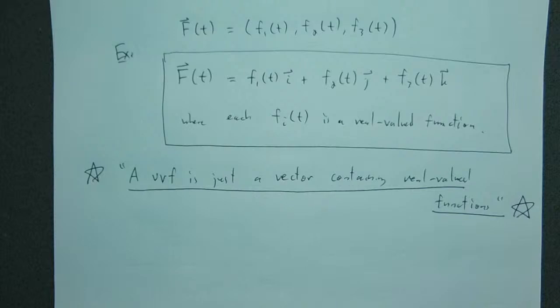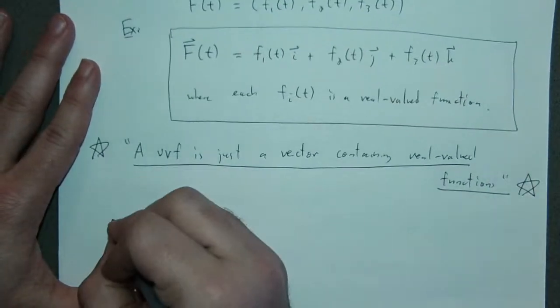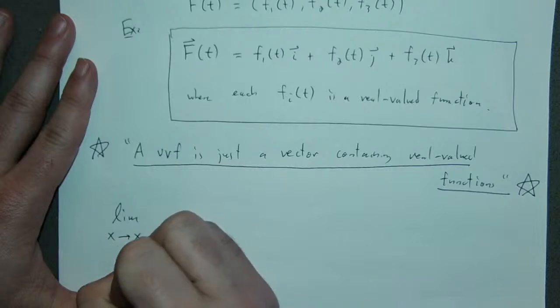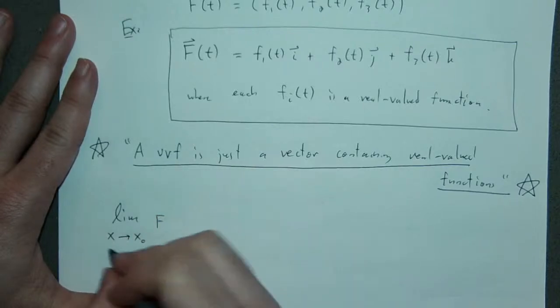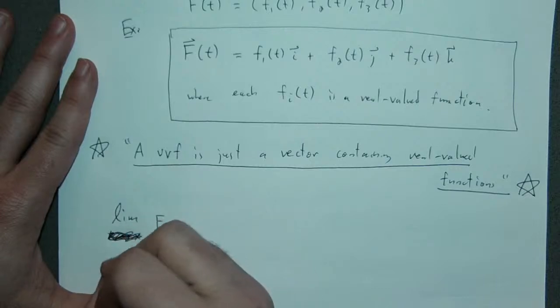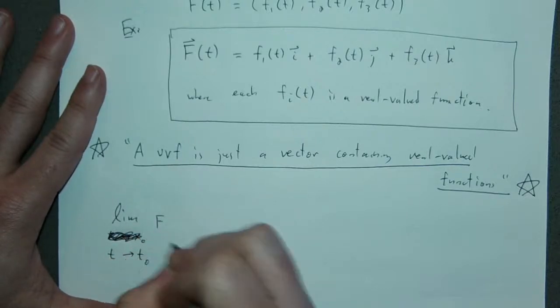Now, I had a bunch of stuff from Calc 1 and Calc 2 that I did to real valued functions. For instance, taking derivatives, and before that, taking limits. So what do you think is going to be the definition of this? Oh, I used x. I'm going to forget that. I'm going to use t.